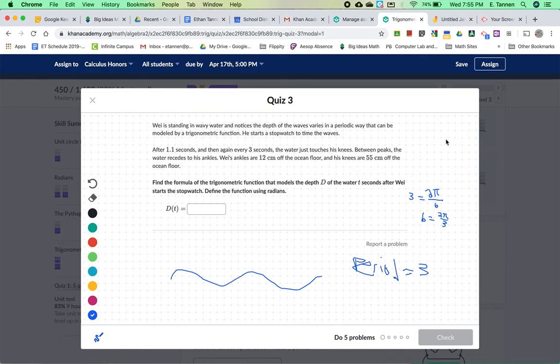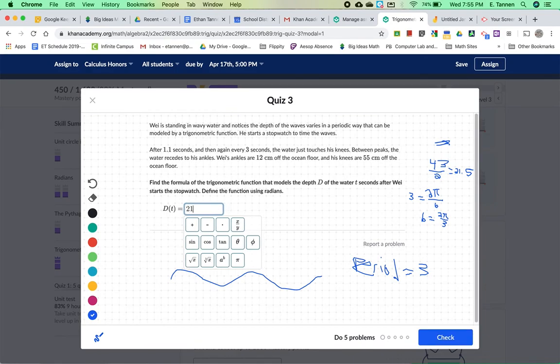So that's a total, I believe, of 43 centimeters. So half of that would be the amplitude, which is going to be 21.5. I think that sounds right.